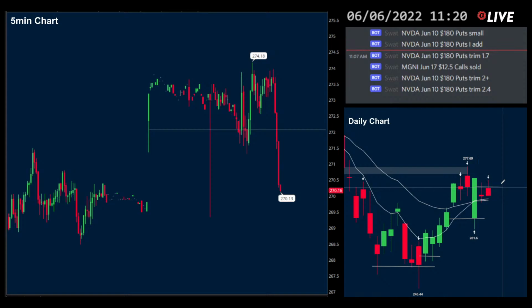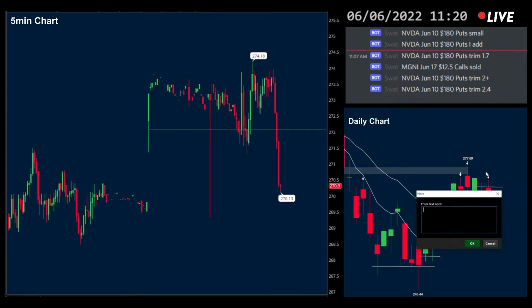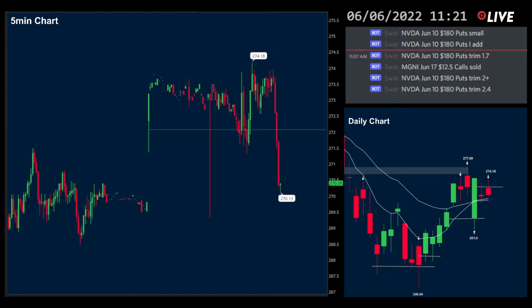If this is confirmed, we should see lower lows, but we need confirmation. So far use today's highs of the day as your key resistance for the week. So far lower highs as we speak versus last week's highs.